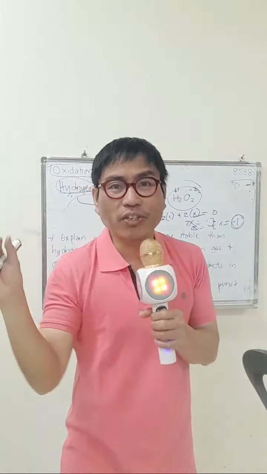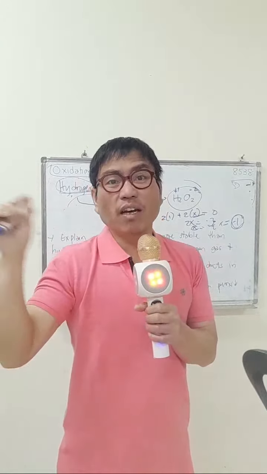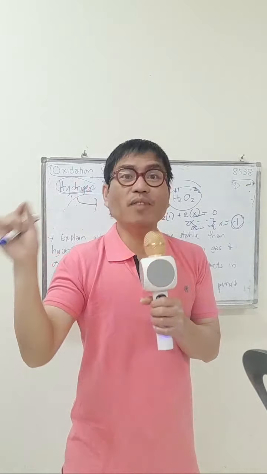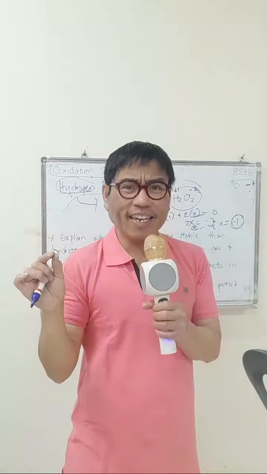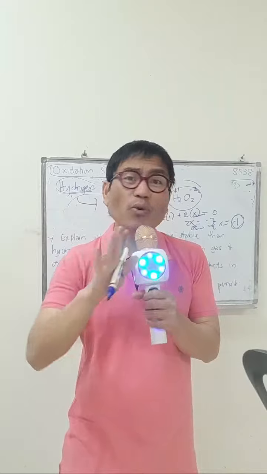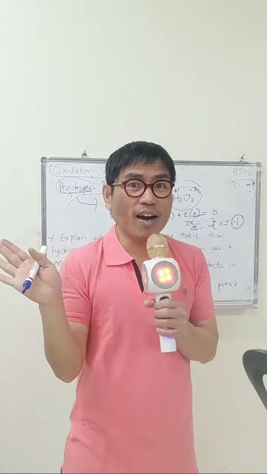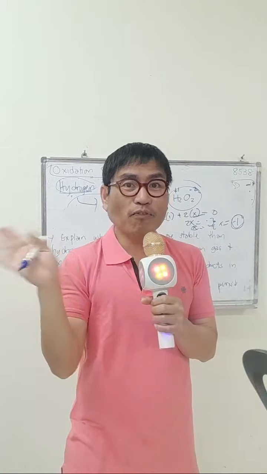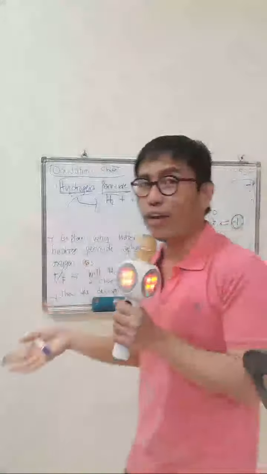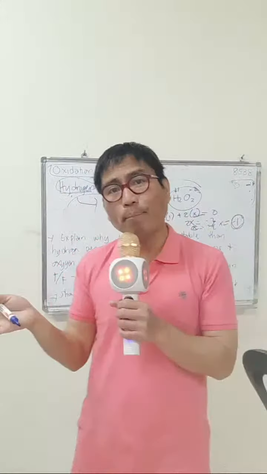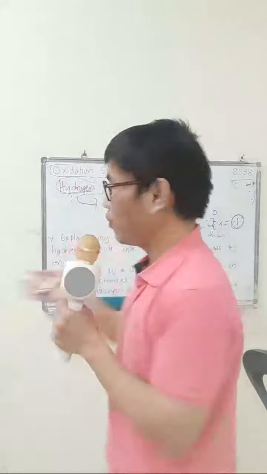This is the gray part also, because the majority will say the charge is just equal to the oxidation number and oxidation state. Sometimes it will be equal, but not all the time. That's why you should not memorize it that way. You have to follow this pattern so that you will get the perfect answer, especially in the topic of determination of oxidation number and oxidation state.